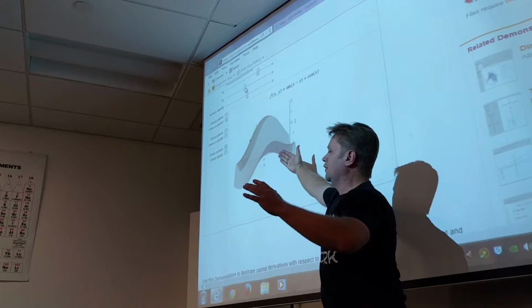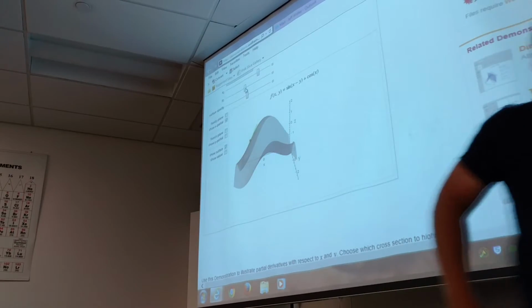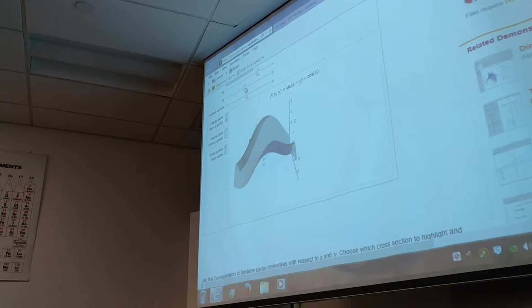So as I move in the y direction from the point, what happens to my slope? Does it get bigger or smaller as I move in the positive y direction? It gets more positive, so it gets bigger. So then fxy should be positive at that point, because if I were to move in the positive y direction, my slope would get more positive, would get bigger.